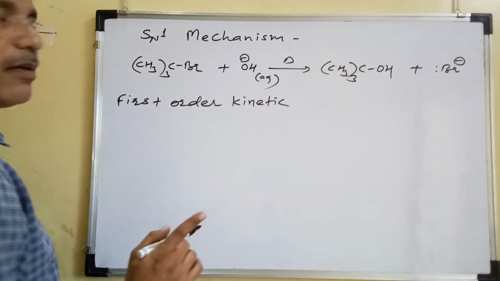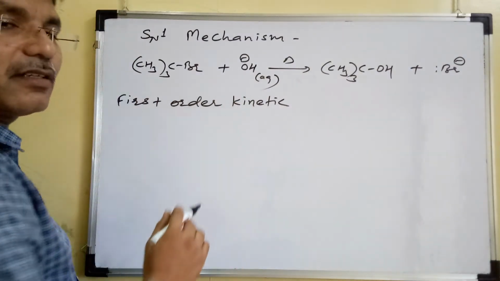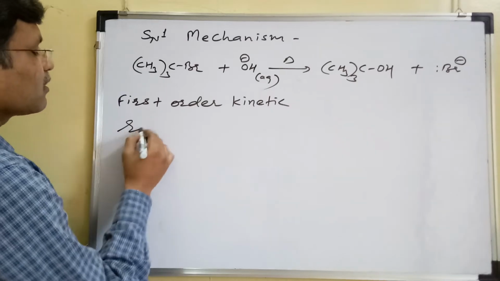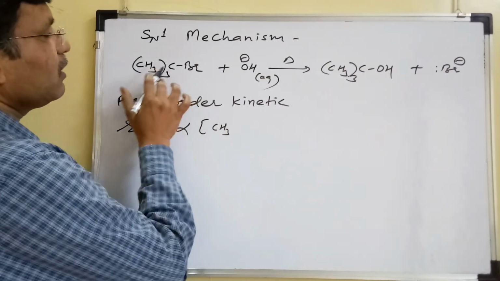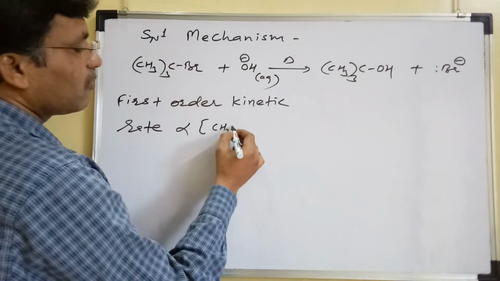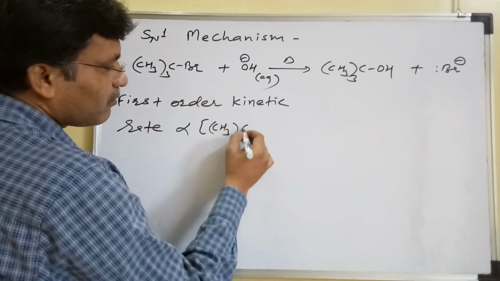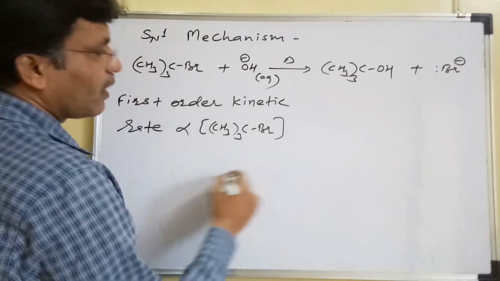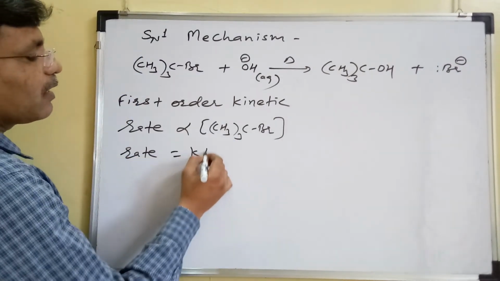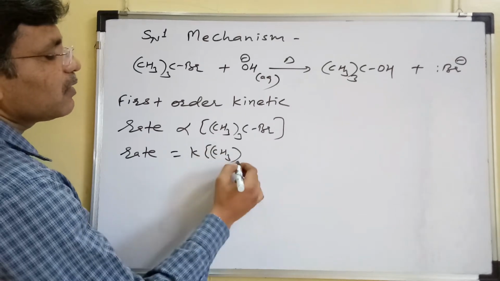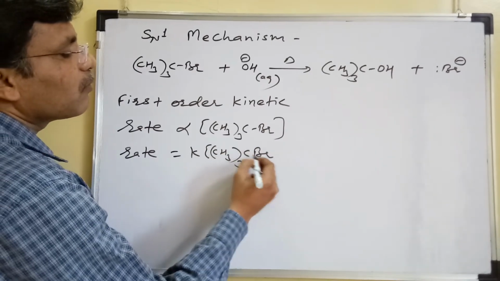So the kinetic experiment indicates that this reaction is a first order kinetics. That means the rate of this reaction depends upon one of the substrates, that is tertiary butyl bromide. You can write this as rate is equal to K times the molar concentration of this tertiary butyl bromide.